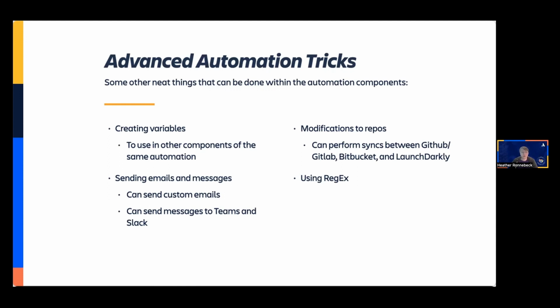And then also automations have been used to modify repositories. So you can sync your automations between GitHub, Bitbucket, LaunchDarkly, and they have other actions that are available if your systems are integrated together. Again, I'll admit these are definitely more skill than I have.